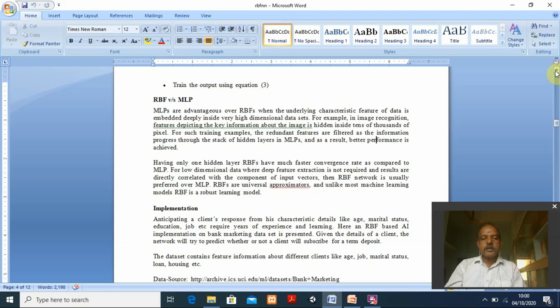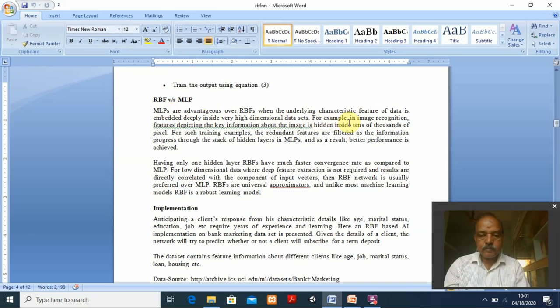So multilayer perceptrons have advantages over RBFN where the underlying characteristic features of data are embedded deeply inside very high dimensional data sets. You understand? So this MLP is advantageous over RBF when the underlying characteristic features of the data are embedded deeply inside high dimensional data sets.